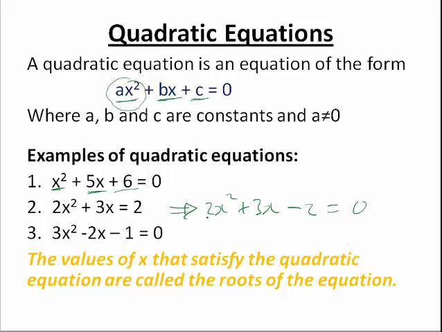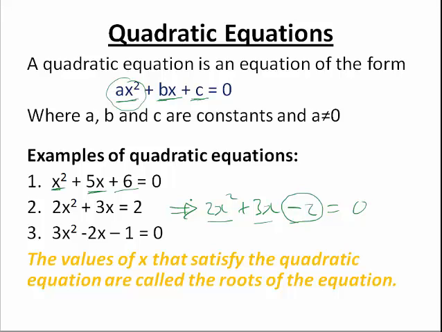Yes. And what are the constants? The coefficient of x squared is 2, the coefficient of x is 3, and the constant is what? Minus 2. Why minus 2 and not 2? Because whenever we are talking about the constants, we take into cognizance the sign before it.